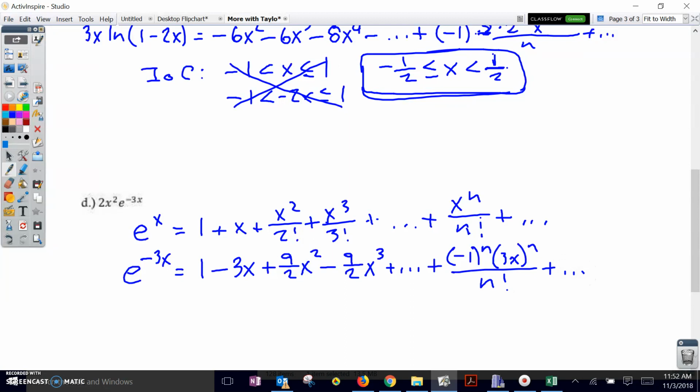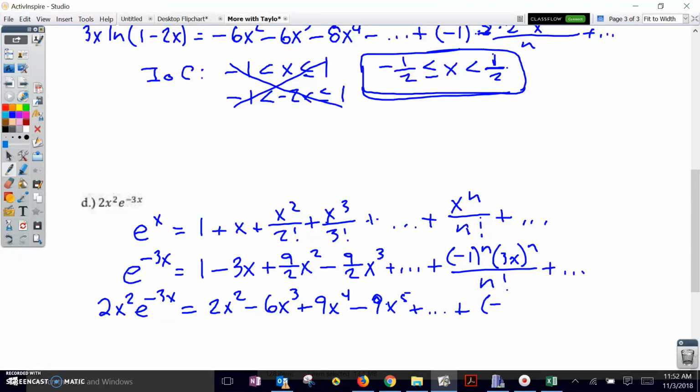And then when we multiply this by 2x squared to get our final series, we're just going to take each of the terms and multiply them by 2x squared. Negative 1 to the n, 3 to the n, x to the n plus 2 times 2 all over n factorial.